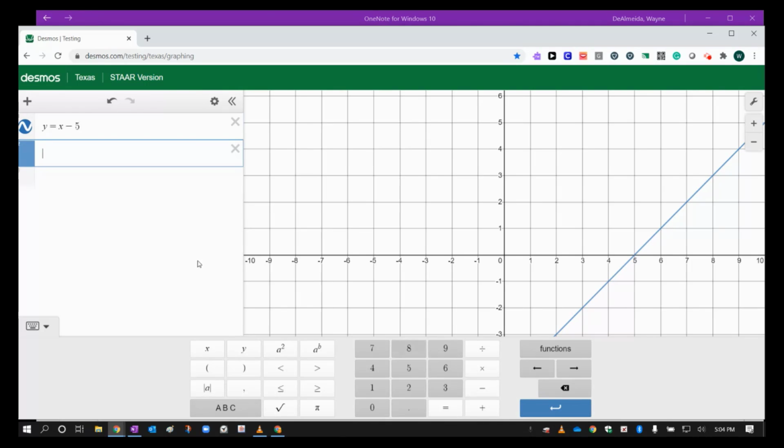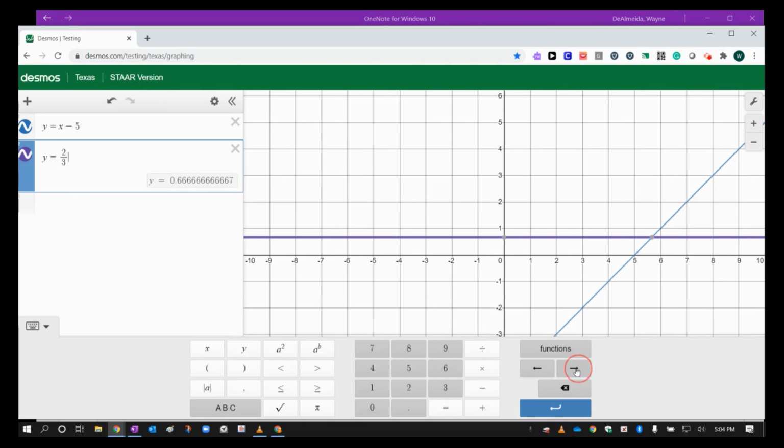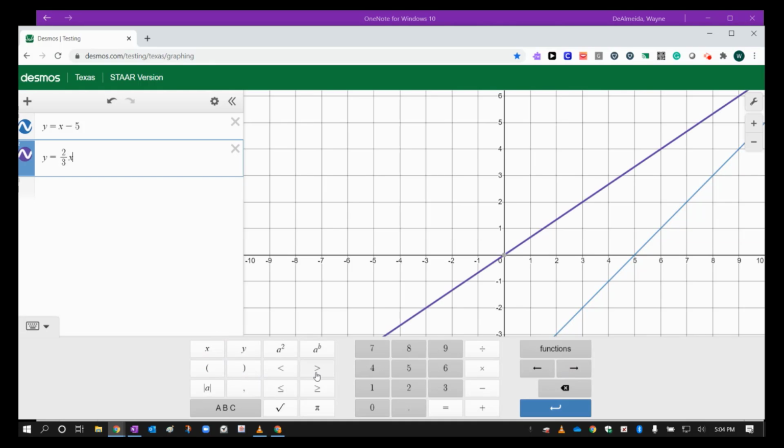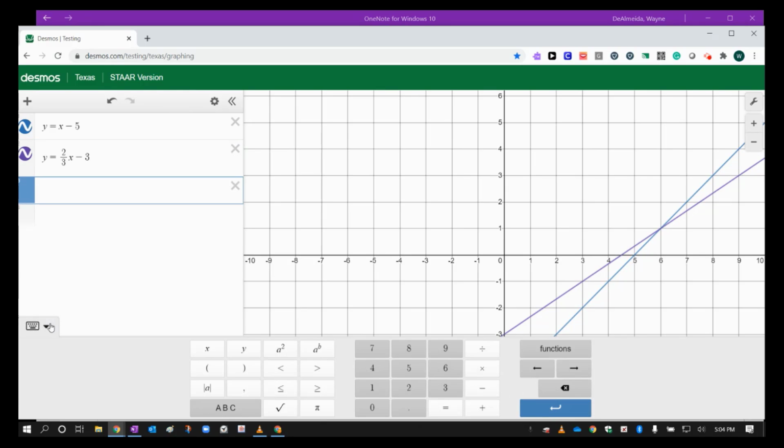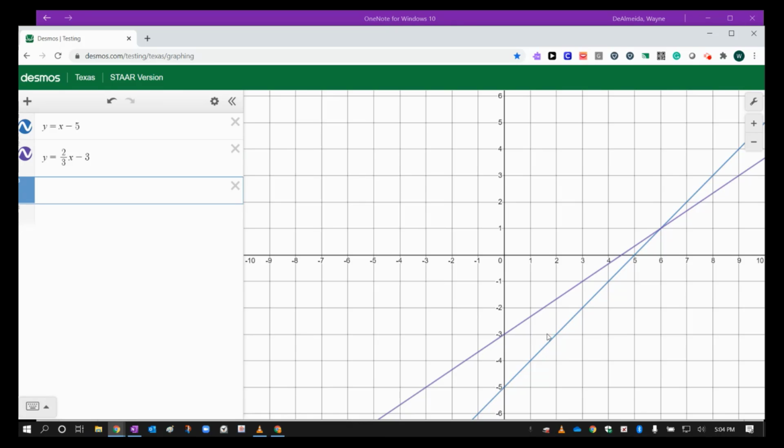Now we're going to press enter. I'm going to enter the other equation, y equals 2 divided by 3, put the arrow to the right, x minus 3. And there we go. We unclick the keyboard, and now we can see the two lines.